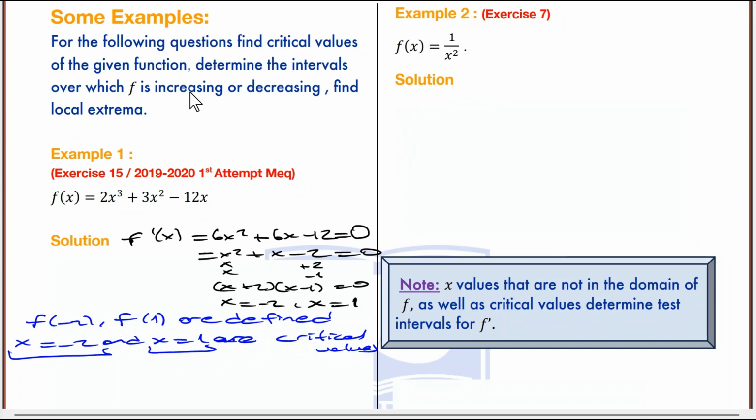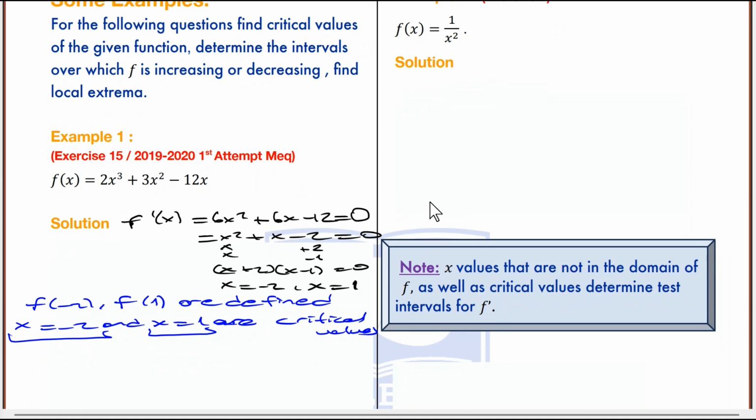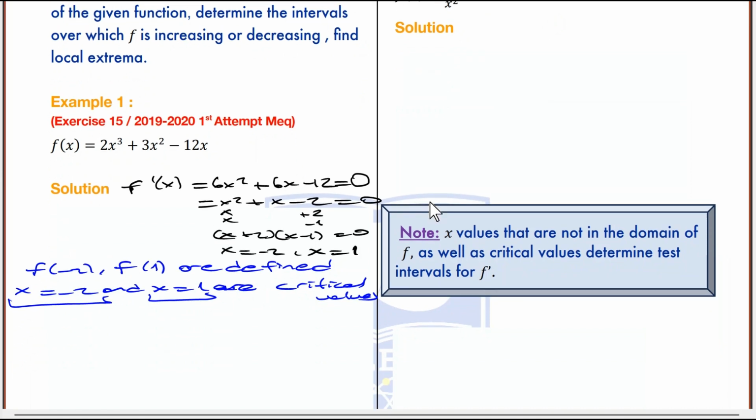Second part, find increasing and decreasing intervals. In order to find the increasing and decreasing intervals, the best way of figuring out in which region the function is increasing and in which region decreasing is making a table of variations. So let's make a table of variations. We have two numbers, negative 2 and 1, from negative infinity to positive infinity.